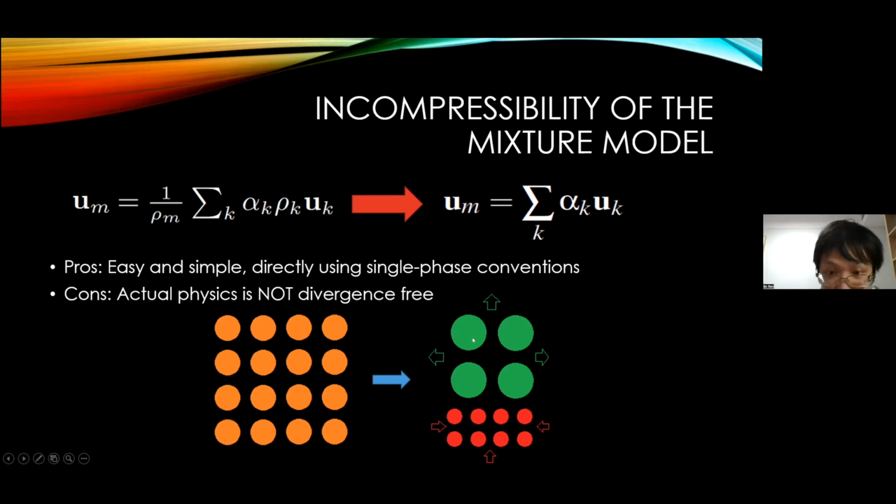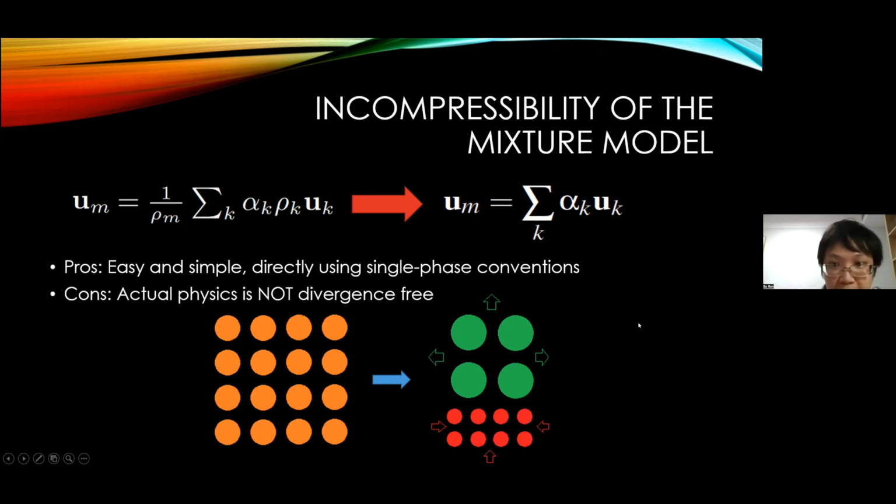So what happens? In the green region, the volume expands, right? In the red region, the volume shrinks. So from the initial state to the final state, inevitably you will see some divergence during this change. The actual physics is not divergence free when we use SPH simulations.